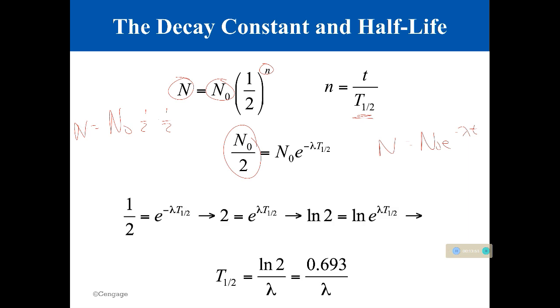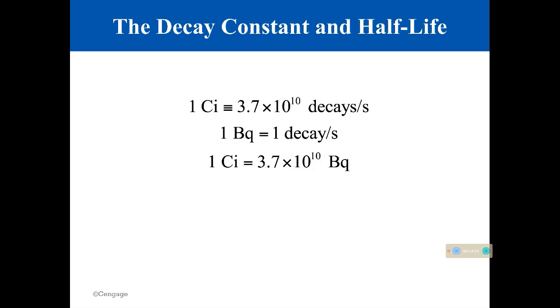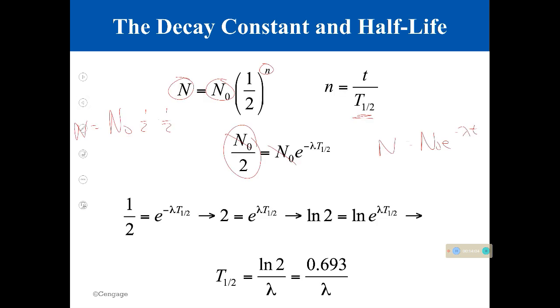Number one, obviously, first off, the N0's cancel, and we're left with this guy right here. 1/2 equals this mess right over here. You'll remember that a negative in the exponent means that particular thing is inverted, right? So what we can do is we can get rid of the negative and uninvert. So we have 2 equals e to the gamma times T sub 1/2.